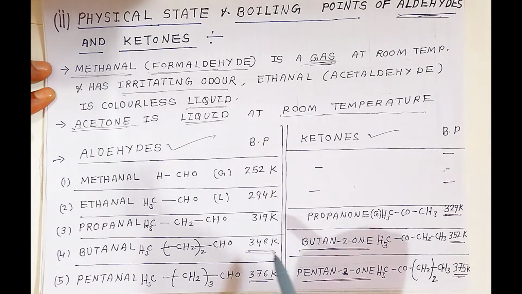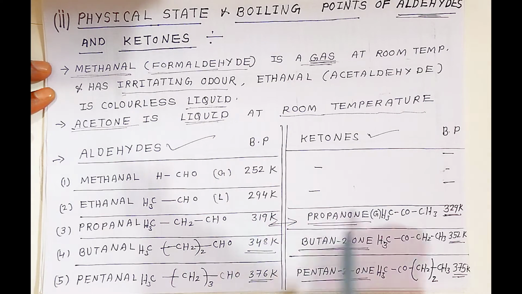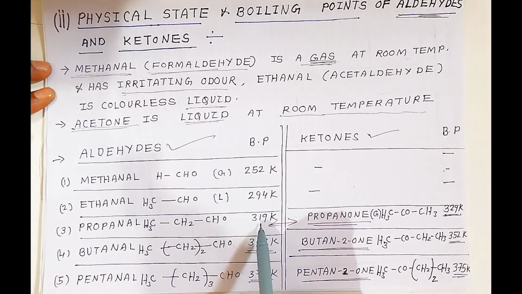Okay students, now when you see propanal and propanone, both have three carbons. The molecular mass is mostly similar, but because the carbonyl is present in the middle of the molecule, it has a higher boiling point compared to the aldehyde, where the carbonyl is at the terminal, which has 319 Kelvin. So this way, ketone has a higher boiling point as compared to aldehyde.